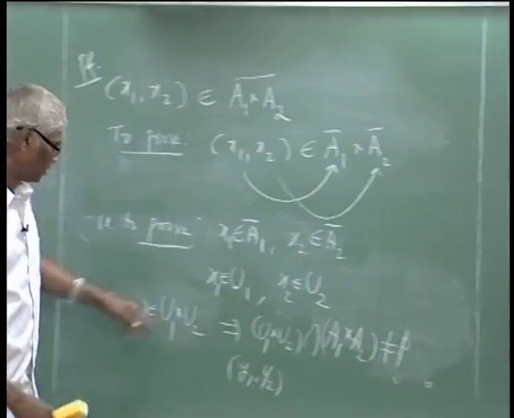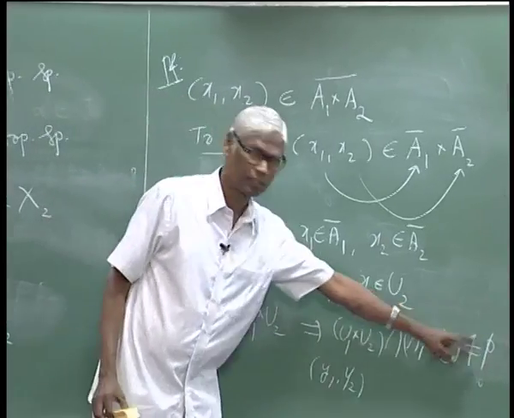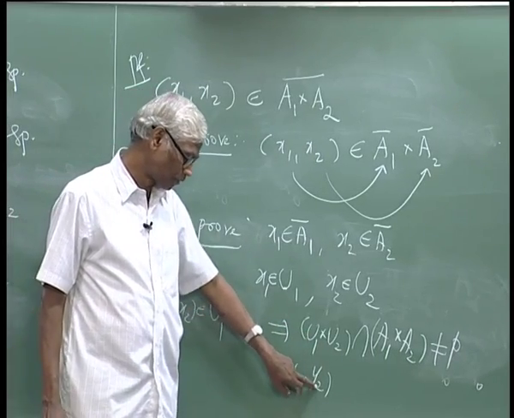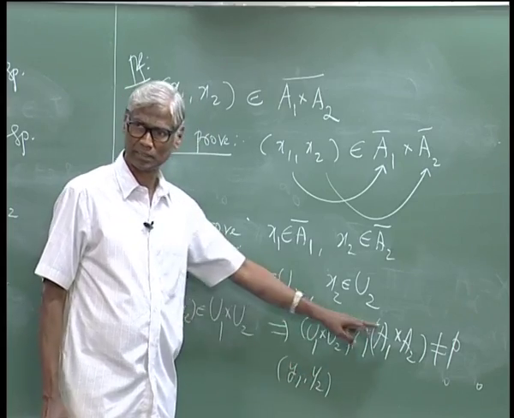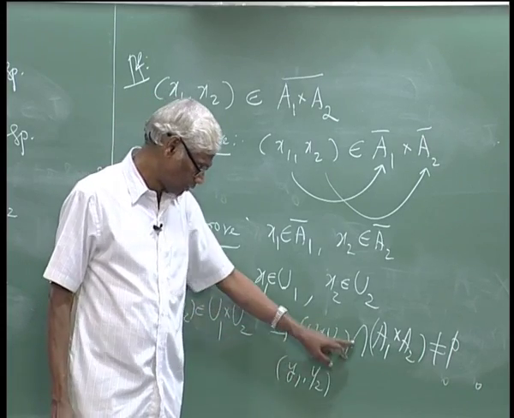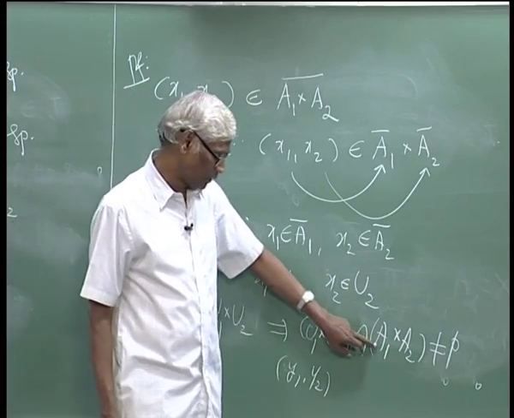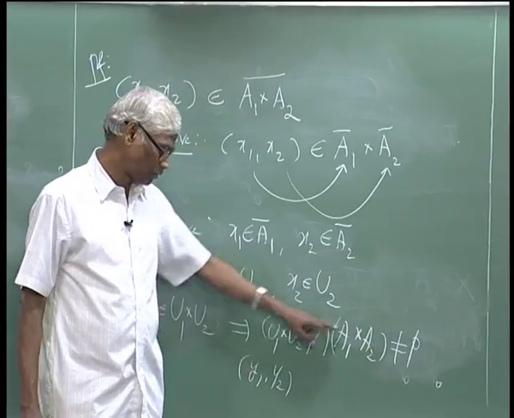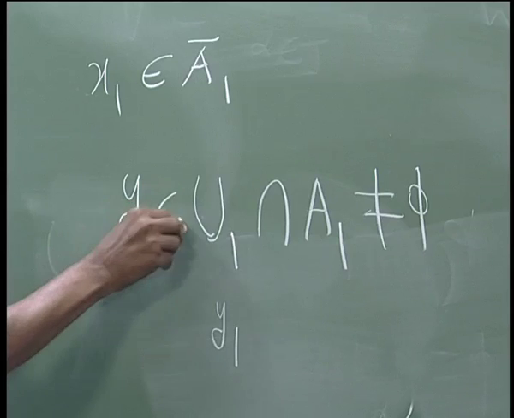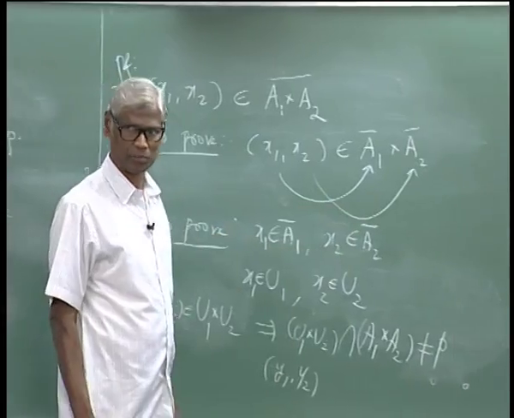So, that is what we have got, an ordered pair y, because this set is non-empty. So, that will imply there exists an ordered pair (y1, y2) which is in the intersection. This will imply the ordered pair (y1, y2) is in the first set, meaning y1 is in U1, it is in A1 cross A2, that means y1 is in A1. So, that will imply y1 is in the intersection, correct. So, hence this intersection is non-empty.